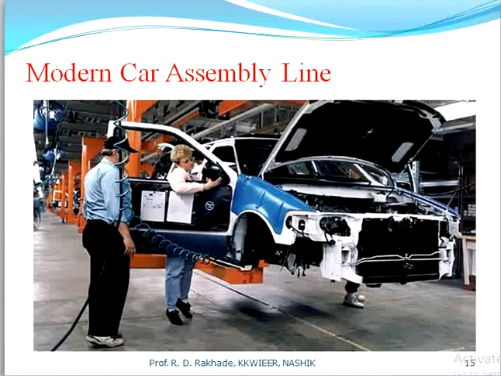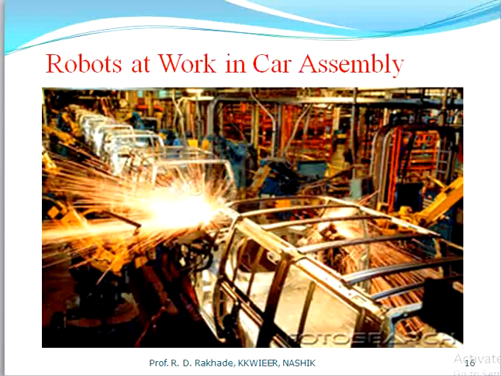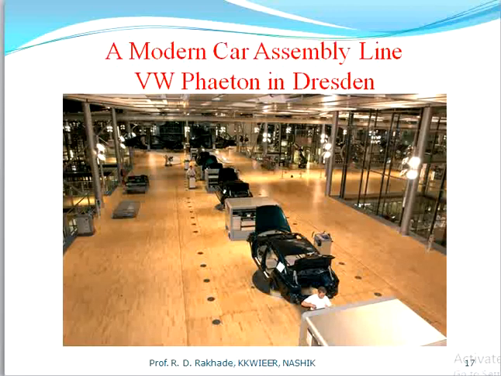In the modern assembly line there is full automation, good environmental conditions and use of robots. This is a photograph of the modern car assembly line of Volkswagen in Dresden.